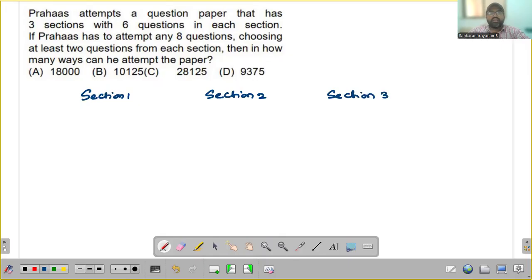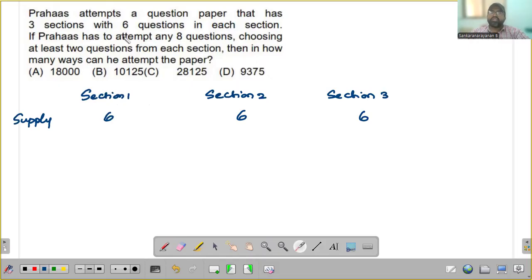We can see that 6 questions are there in each section. So you read the first sentence here: Prahas attempts a question paper that has 3 sections with 6 questions in each section. So the question paper layout I have presented here.